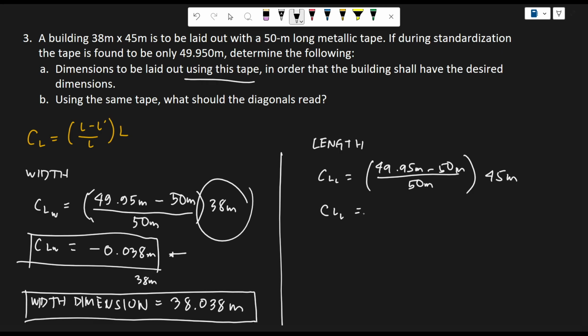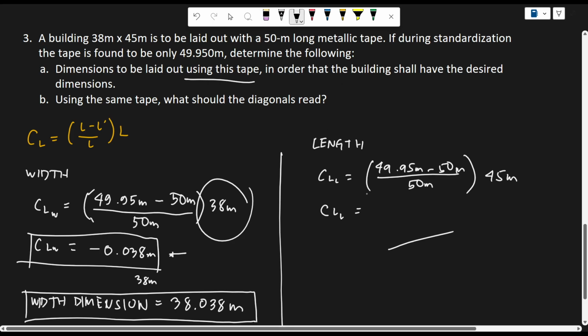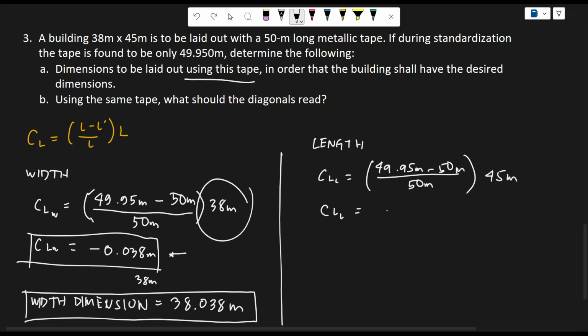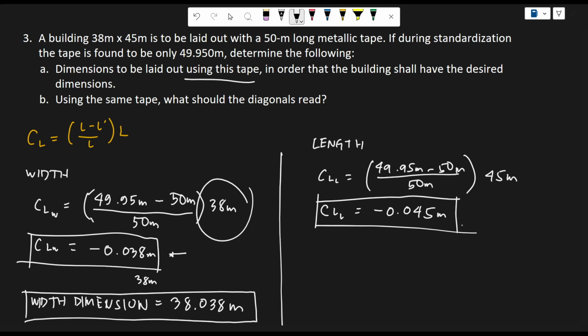And then CLL, in this case, if we use our calculators, you will get negative 0.045 meters. Okay, so this is the correction that you need to apply.